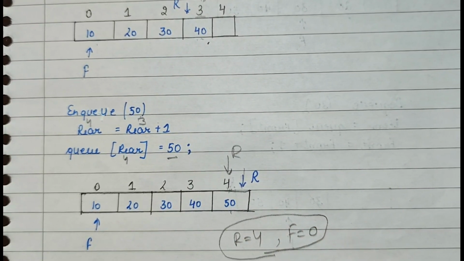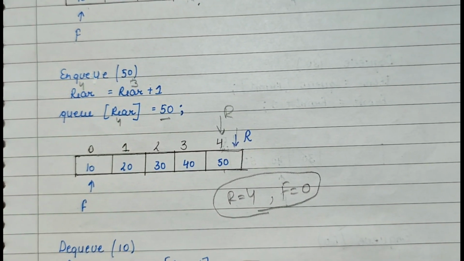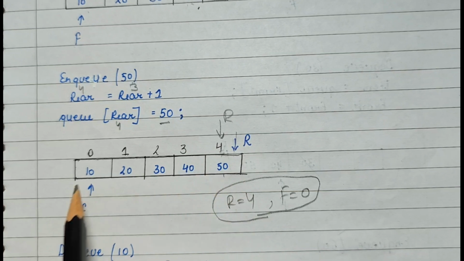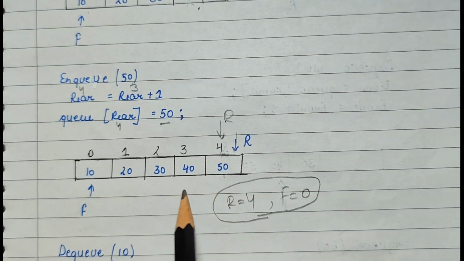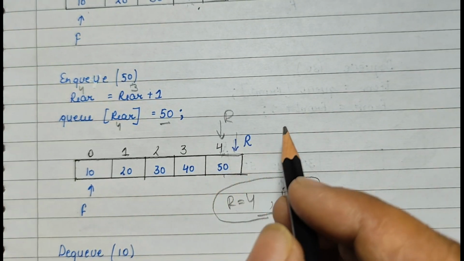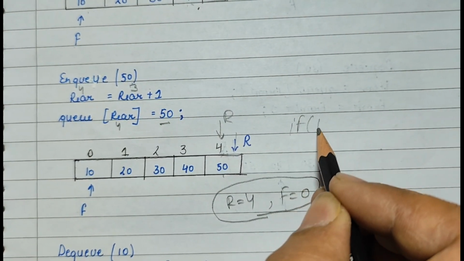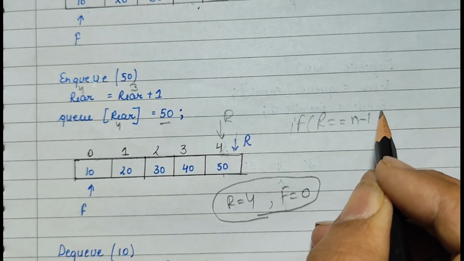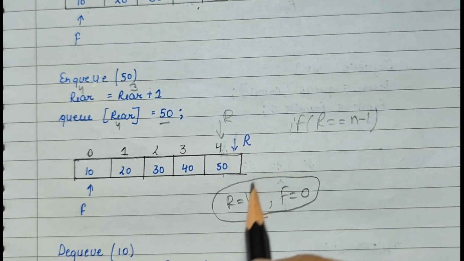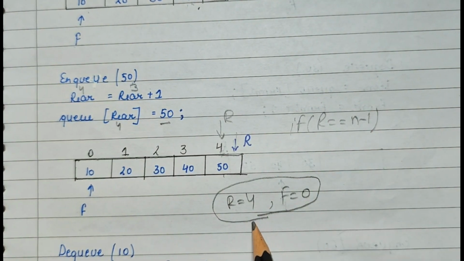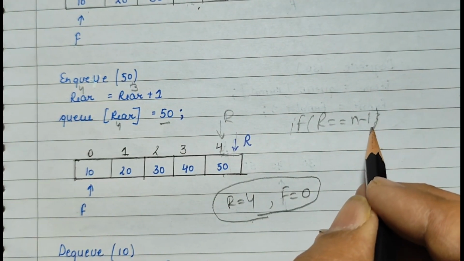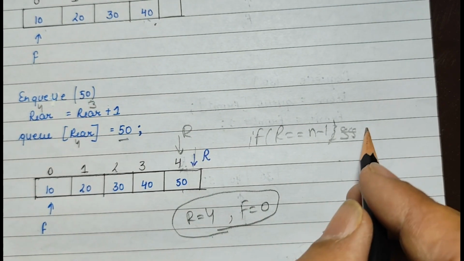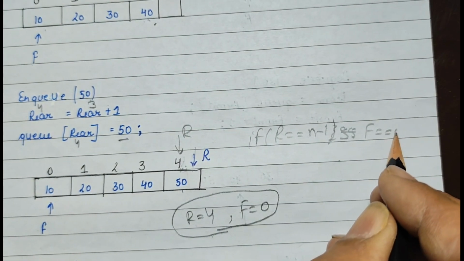Okay, so this is also the condition when the queue is full. If anyone asks you what is the condition for checking the queue is full, you can say if rear is double equal to n minus 1 and front is double equal to 0.